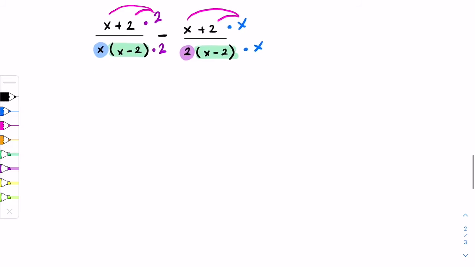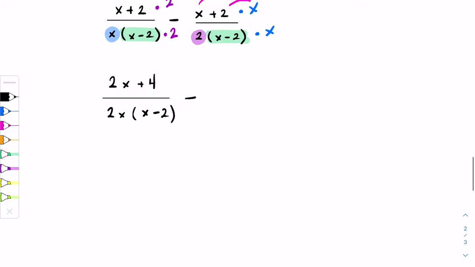So now when we distribute our numerator, we end up with 2x plus 4 divided by our newly created common denominator of 2x, that would be multiplying in that value of 2, times x minus 2.